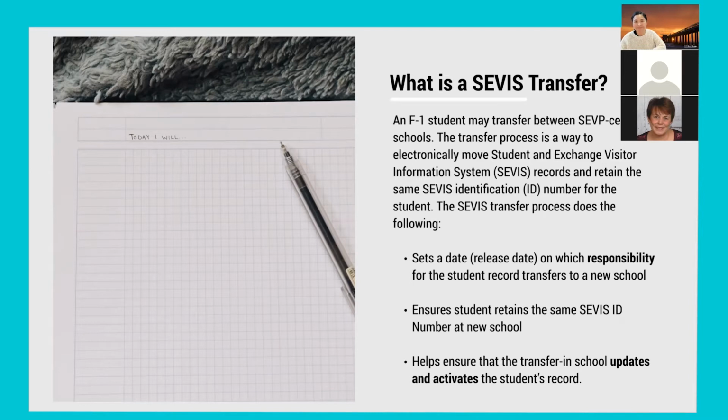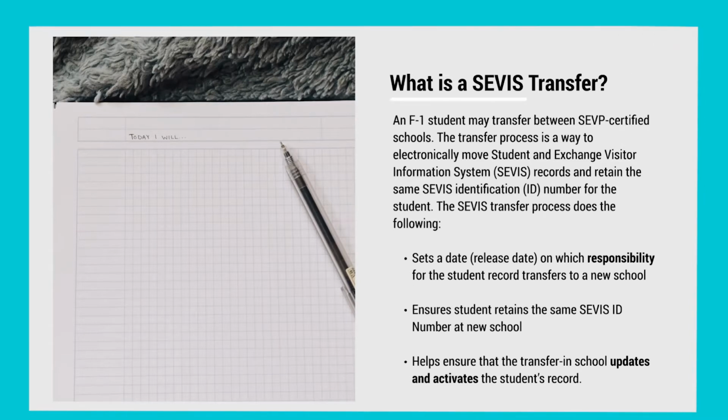Great, thank you, Pauline. So yeah, what is a SEVIS transfer? It is when an F1 student transfers their SEVIS record from one institution to another. This means that your SEVIS number will remain the same when you switch from one school to the new one.